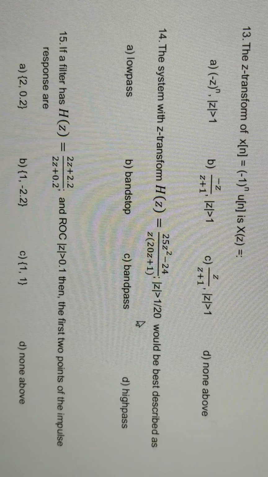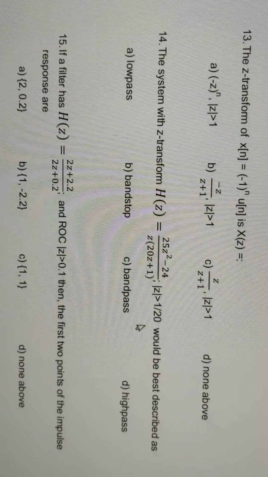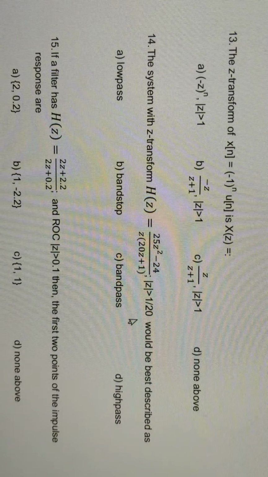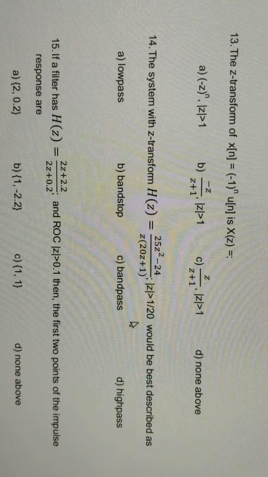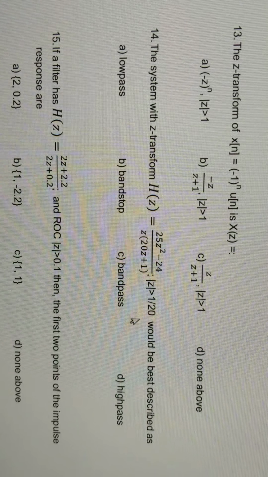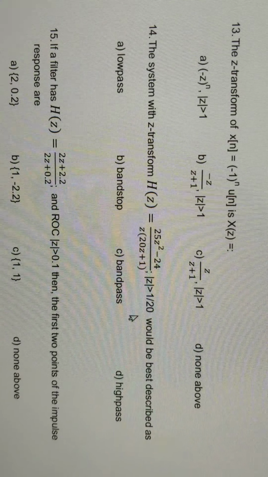Okay, today we're going to talk about Z transform and we're going to talk about the unit circle. I'm studying for the breadth exam at UNCC, and one of the questions I'm looking at is the system with Z transform H of Z equaling 25 times Z squared minus 24 over Z times 20Z plus 1, with a region of convergence greater than 1 over 20.